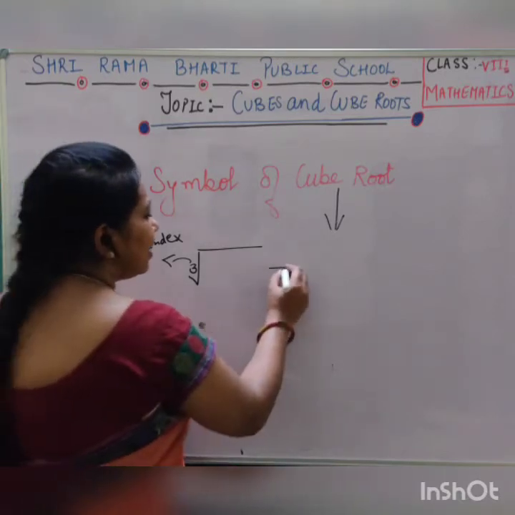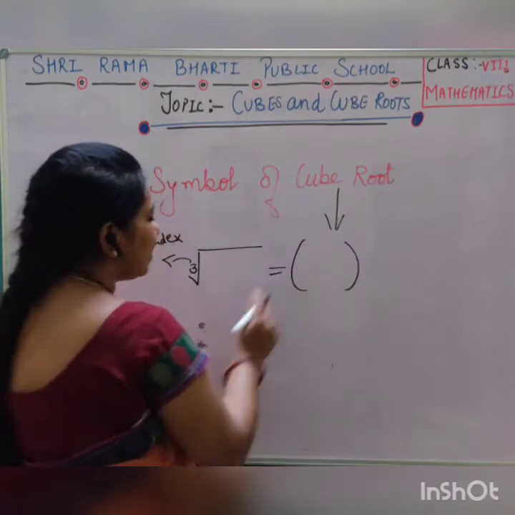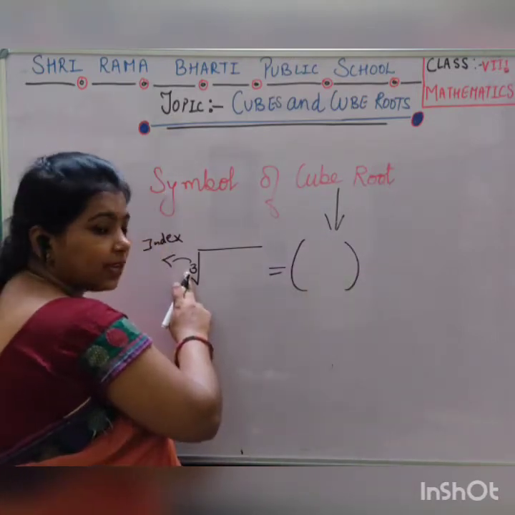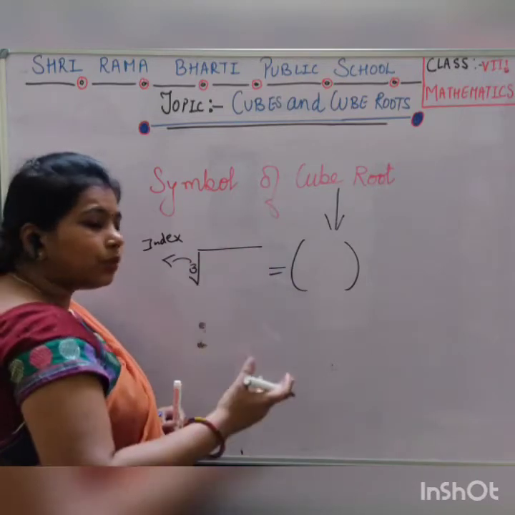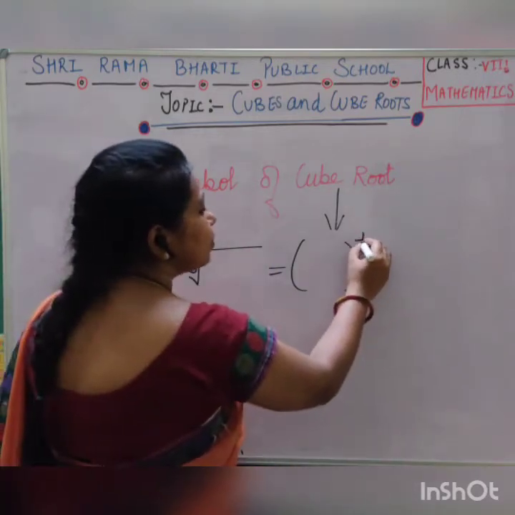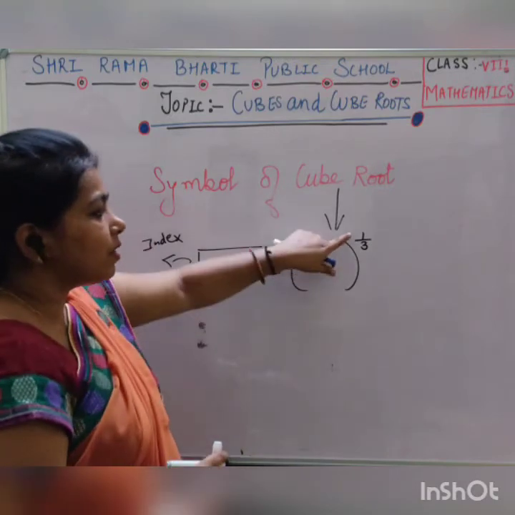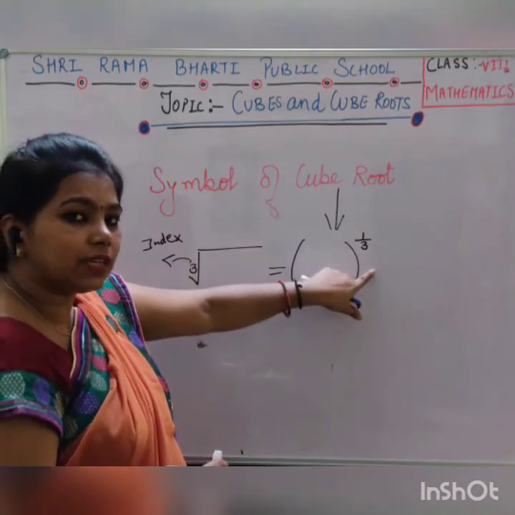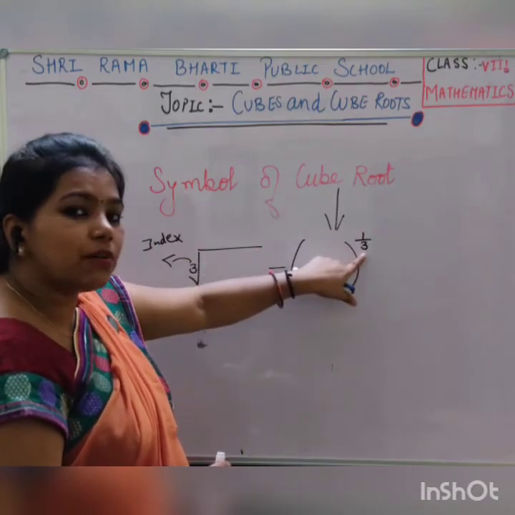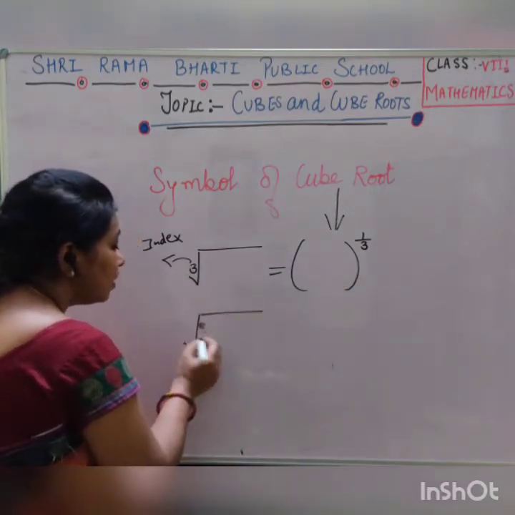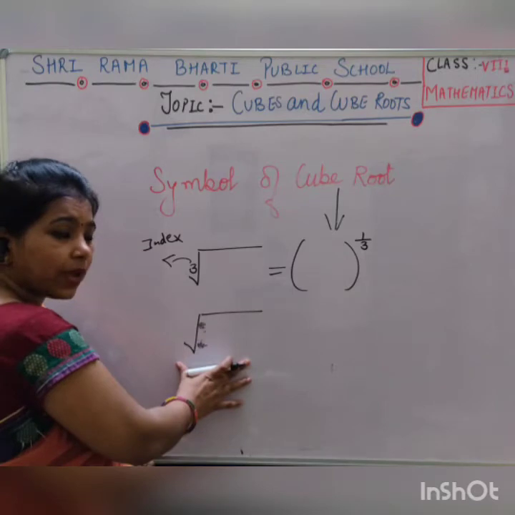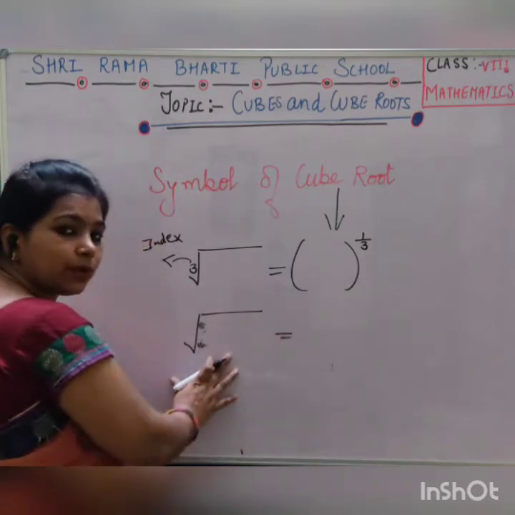Yes, in exponential form we can write the same thing because it is the cube root of 3. So how are we writing the under-root number? We are writing it as 1 upon 3, in rational number form. Suppose this is the symbol of square root, so how can we write it?